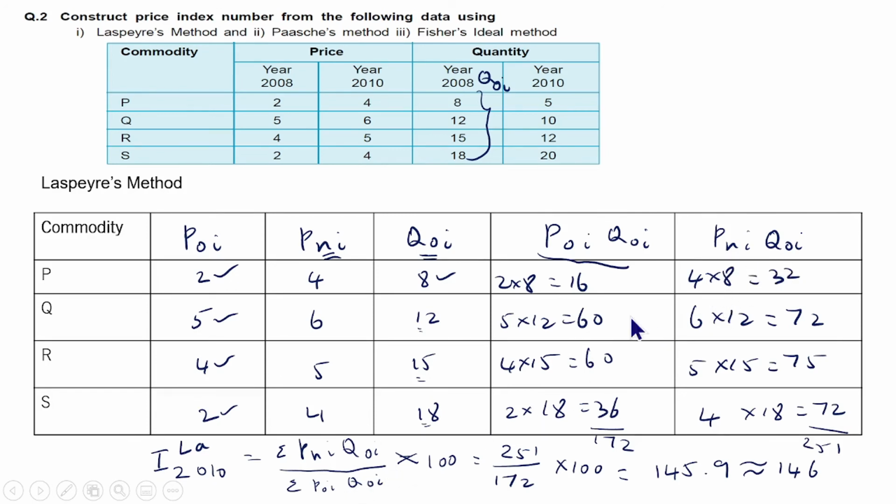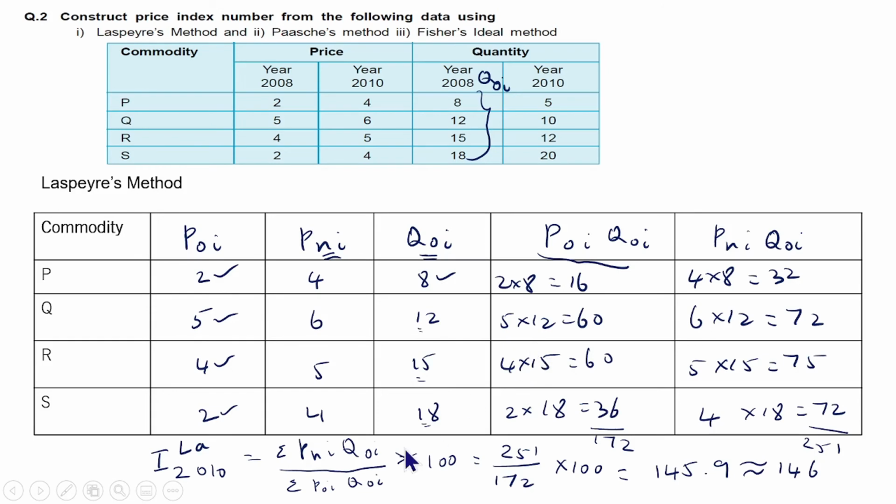So summation P n I Q naught I is 4 into 8, 32, plus 6 into 12, 72, plus 5 into 15, 75, plus 4 into 18, 72. When we add all these, we get 251.